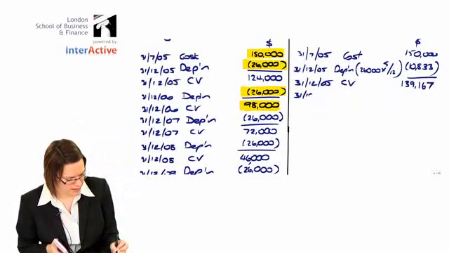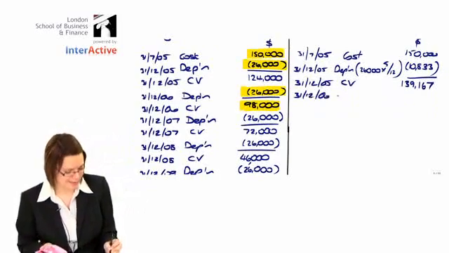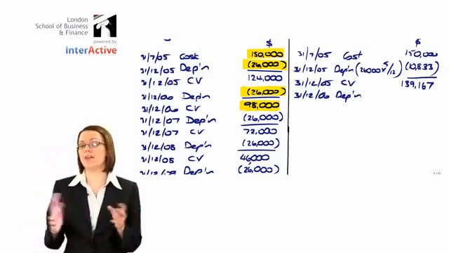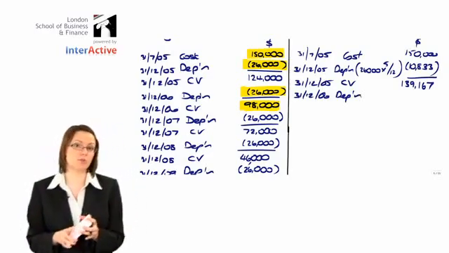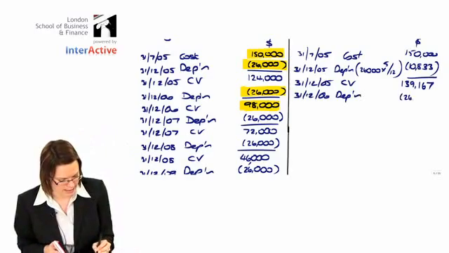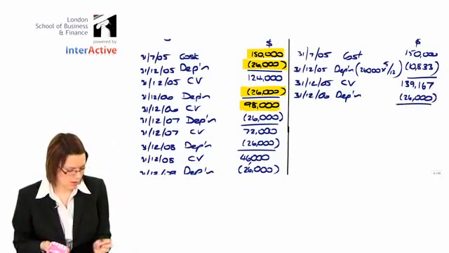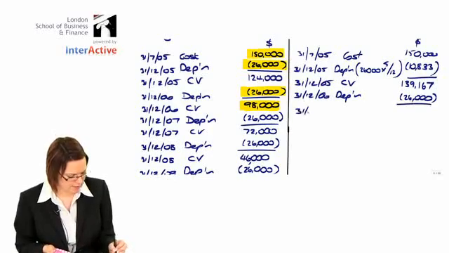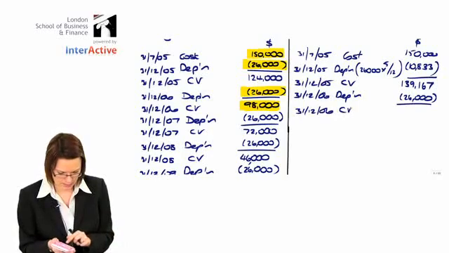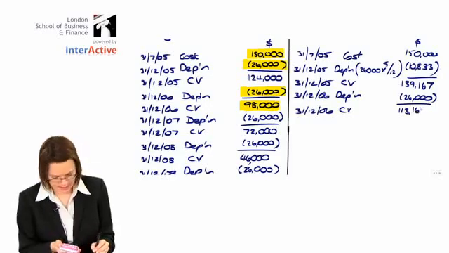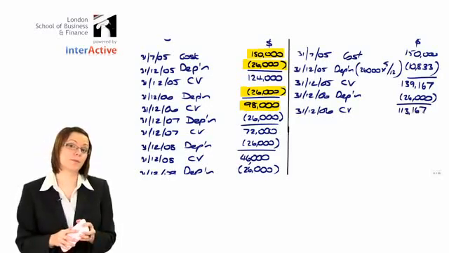So at the 31st December 06, we've held that building for a full year, therefore a full year's worth of depreciation will be charged at $26,000, which is then going to give us our carrying value at the 31st of December 06 of 113,167.